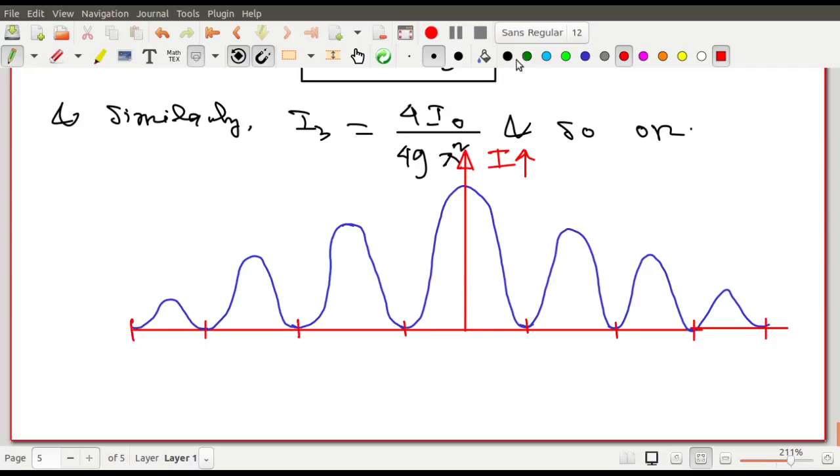From here you can see what comes up. This is the 0 point, the principal maxima. This is the plot with respect to alpha, not with respect to theta. So this is 0, this is 0, right?